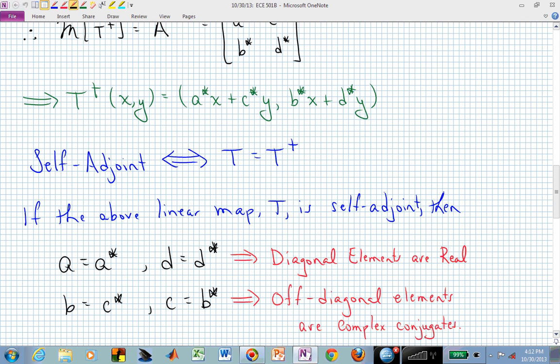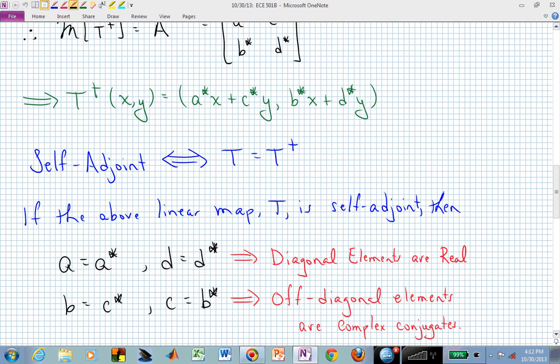A is equal to A star, where star is the complex conjugate. D is equal to its complex conjugate, and the only way that can happen is for D to be a real number. Similarly, the off-diagonal terms need to be related by a complex conjugate operation. B needs to be equal to C star, and C needs to be equal to B star.